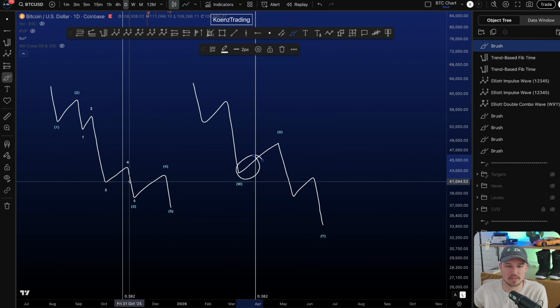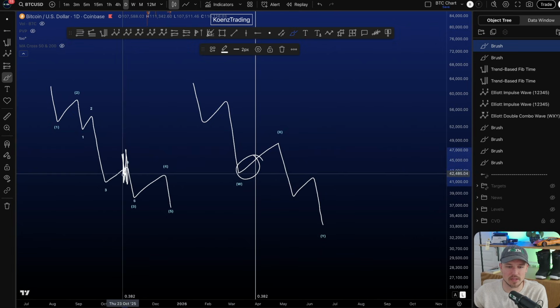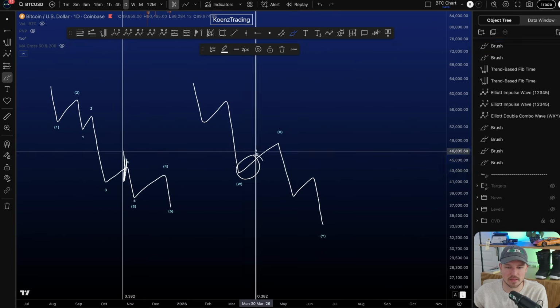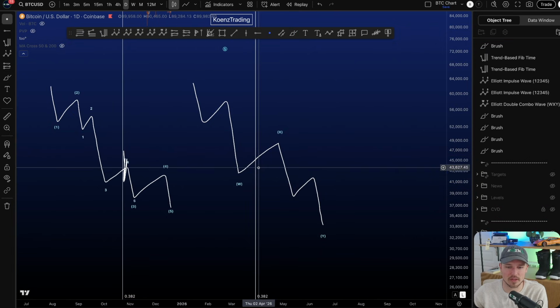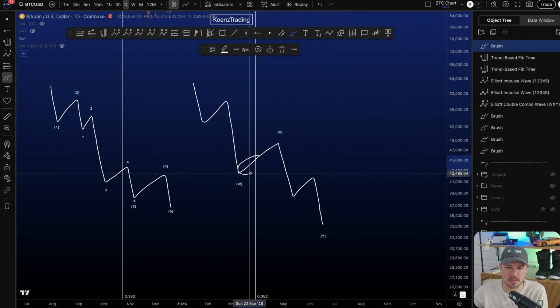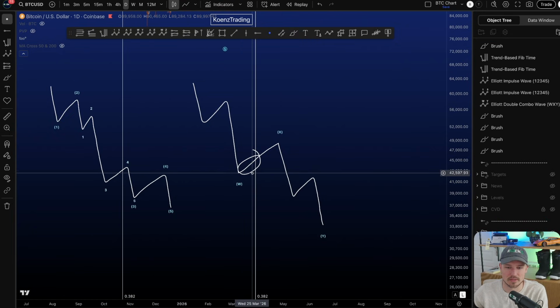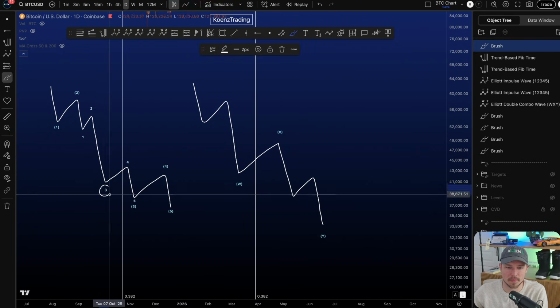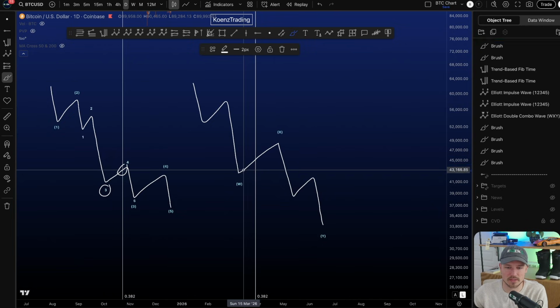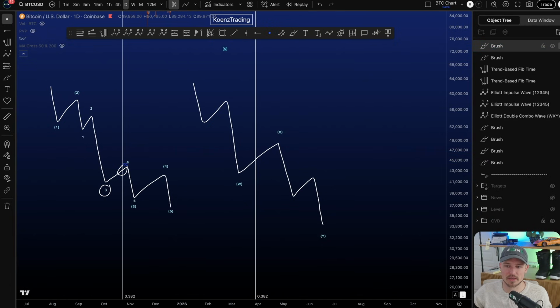Now your wave X is similar in size compared to 4, right? That's the end of your wave 4 here. That's the end of your wave X. And now the 5 times are the same, basically. So this range is the same as this range. From the low of 3 to the 382 is the same as from the low of W to the 382. But now it becomes a problem, because now we can't really make a very clear distinction.